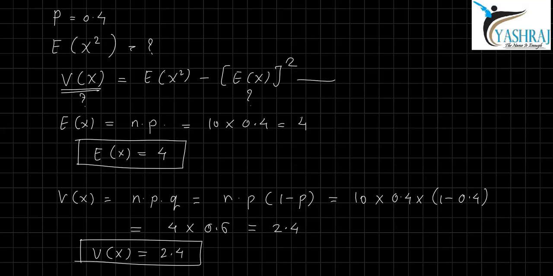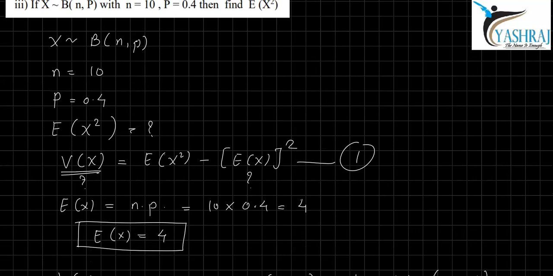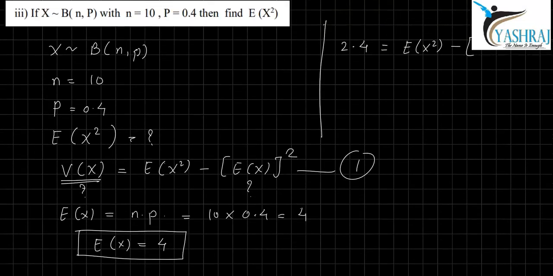Now as per equation number 1, if we replace V of X and E of X by their value, we get 2.4 equals E of X square minus E of X value we have 4, so 4 square.